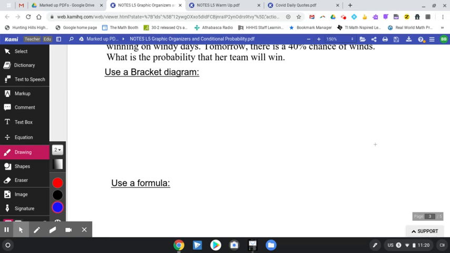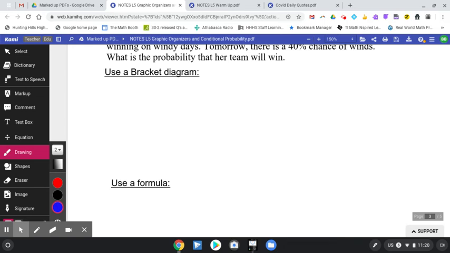So here, our graphic organizer is going to be a bracket diagram. So not a chart, not a Venn diagram, but whenever you feel this sort of if-then situation, you're going to set up some brackets. And the brackets will happen in this order that they would. So think about tomorrow's game. Are we going to know the game results first, or will we know the weather first?